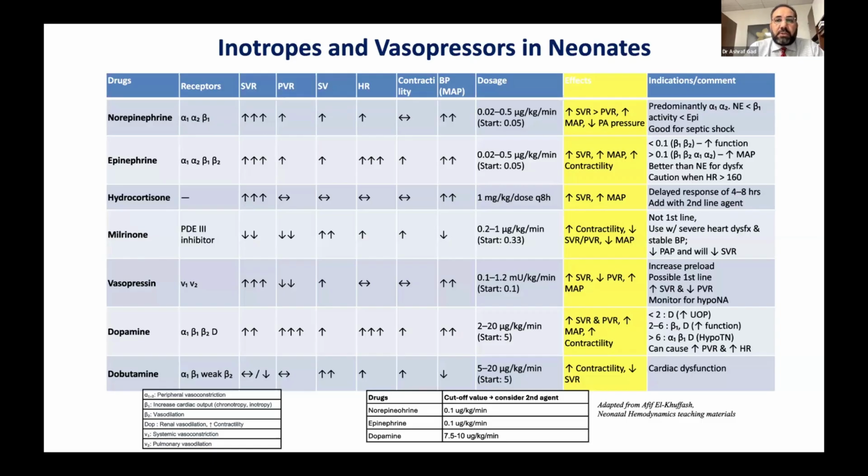But norepinephrine is predominantly, as you all know, alpha, and it doesn't have a chronotropic effect on the heart itself. So it's a good vasopressor medication with limited effect on the heart, which is very important to avoid the tachycardia and the increased oxygen consumption of the myocytes, as would result from epinephrine or dopamine for sure.